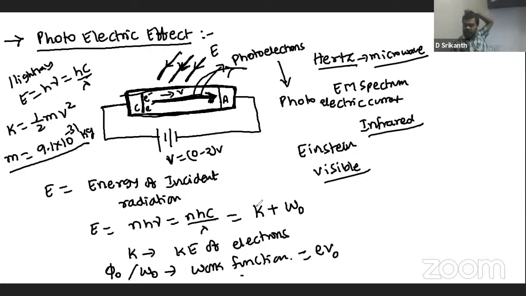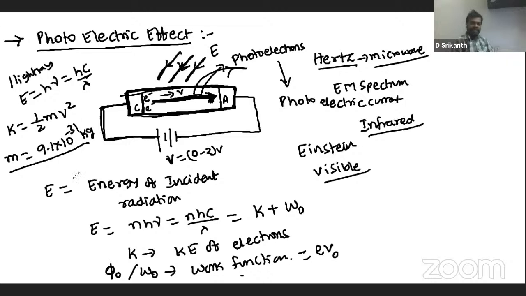In moving from cathode to anode, electrons have kinetic energy. Now, with respect to this battery, it is the minimum potential to escape the electrons from the metallic surface.